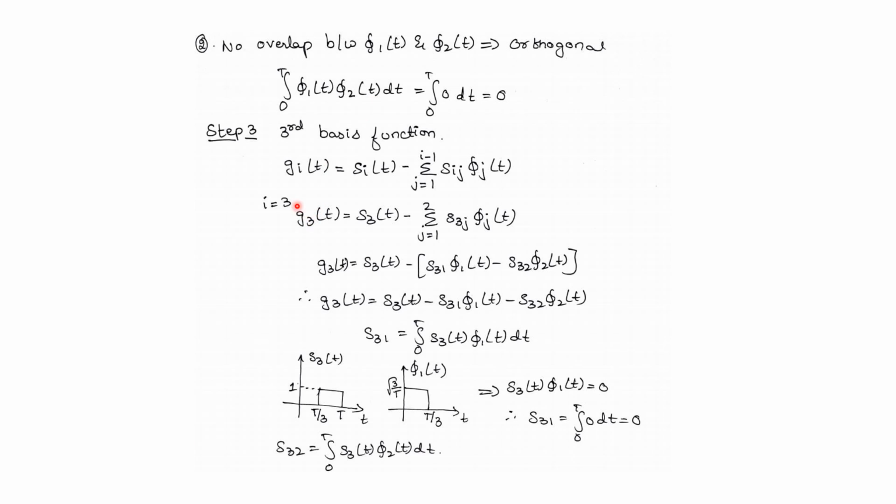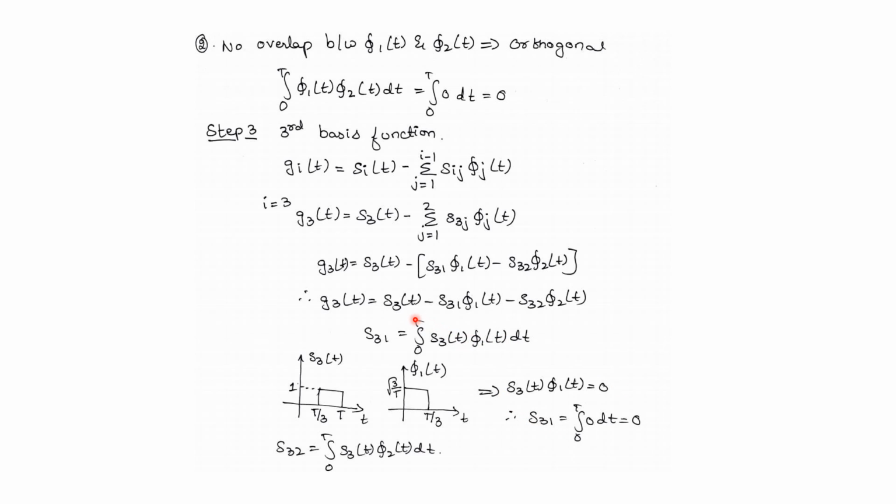for getting the third basis function in the general equation, i is substituted as 3. After substituting i equals 3, I am solving the equation. I don't know the values of S31 and S32, so finding S31, the formula is the integral from 0 to t of S3 of t into phi 1 of t. After solving this equation, I am getting S31 as 0.